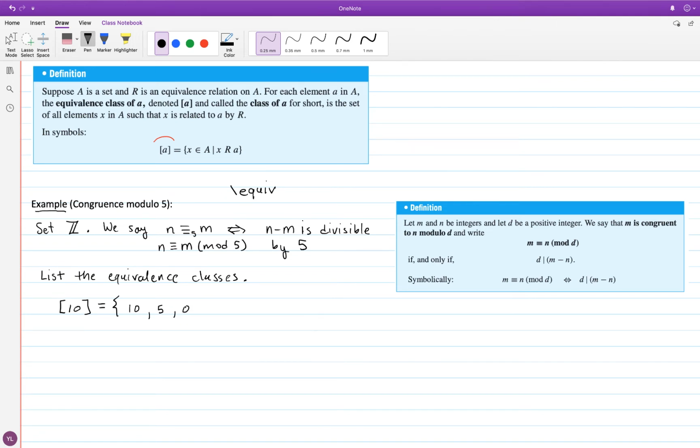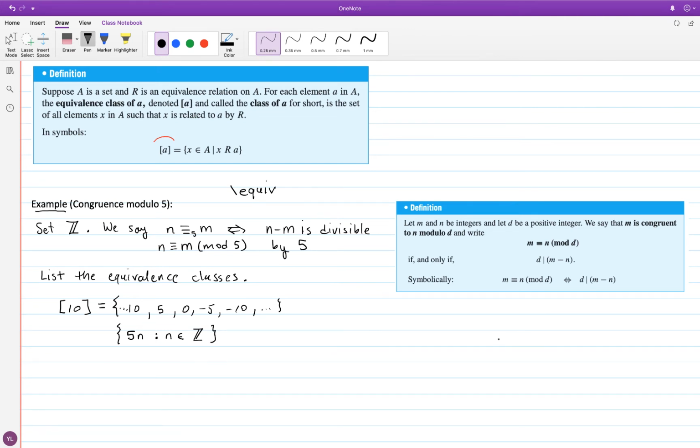So all of these numbers, I'm not listing them in a very good order here. Sort of got them backwards, but what I'm getting out of this is that the equivalence class of the integer 10 happens to be all the multiples of 5. Let's write that out in an efficient manner. Okay, I'm also going to get a picture drawn off to the side over here.